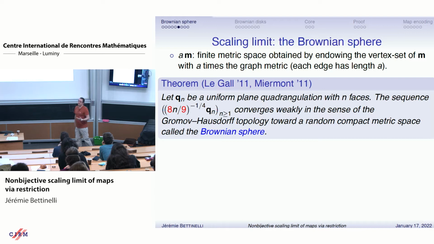We used to call it the Brownian map, but nowadays most people say Brownian sphere. Some people also still say Brownian map. It's the same thing. It's not a critique. Do as you want. It's the same guy.